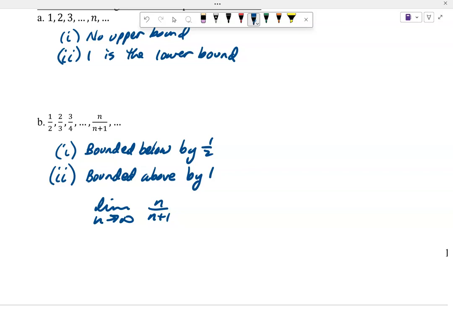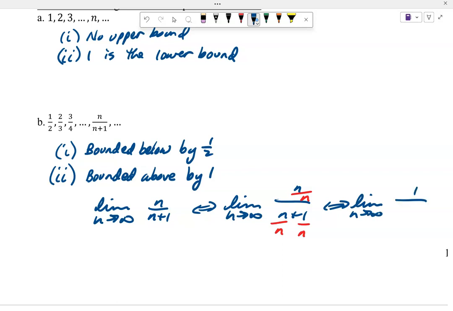Infinity over infinity, L'Hopital's rule. Or we can do this algebraically. Let's practice the little algebra on this. Take that n, divide everybody, multiply the bottom by 1 over n and the top by 1 over n. So this is the limit as n goes to infinity of 1 over 1 plus 1 over n. This goes to 0, so I got 1 over 1 plus 0, which is just 1 over 1, right?